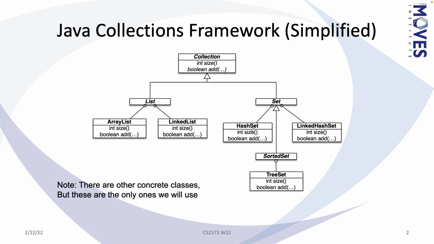Which kind of makes sense, except that that isn't given by default in Java. As we've seen with the playing cards, if we don't define an equals method and a hash code that explicitly overrides the one that's given in the object class, then distinct references to playing cards, even if they have the same suit and value, will not be considered the same thing.